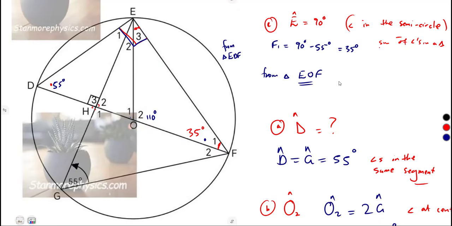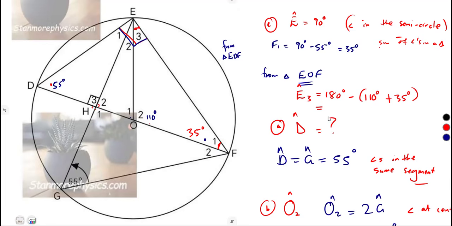From this triangle EOF, you can find angle E3. Angle E3 is going to be 180 degrees minus these two angles, 110 degrees inside the triangle and 35 degrees. So that is going to give us angle E3.